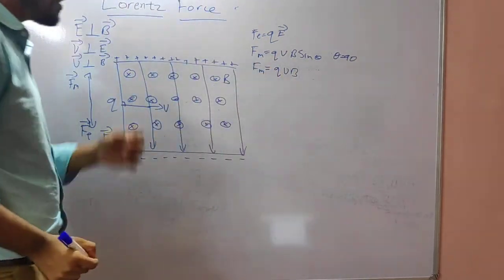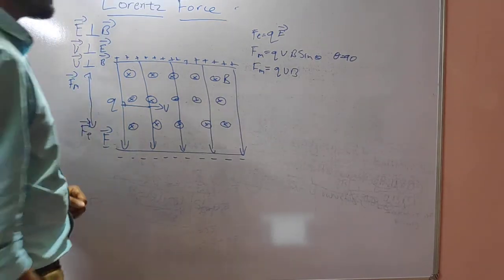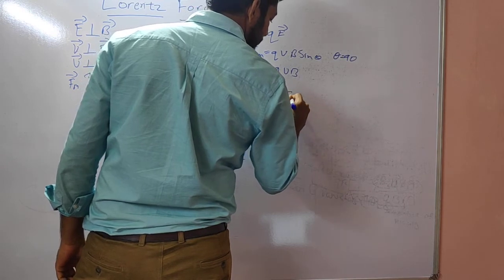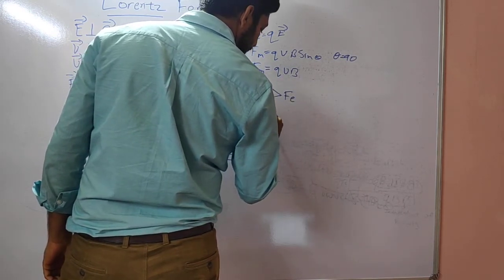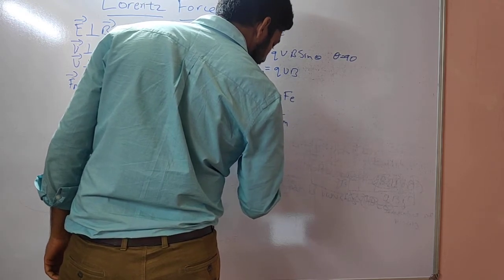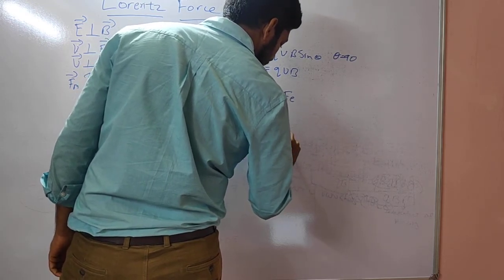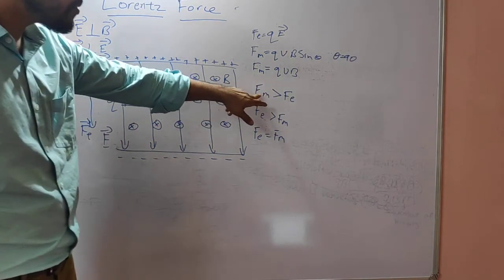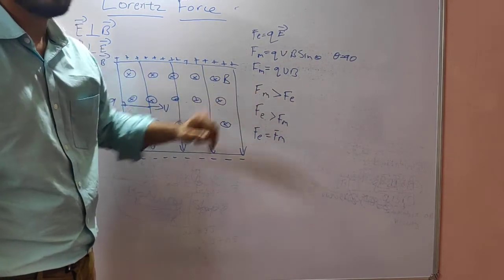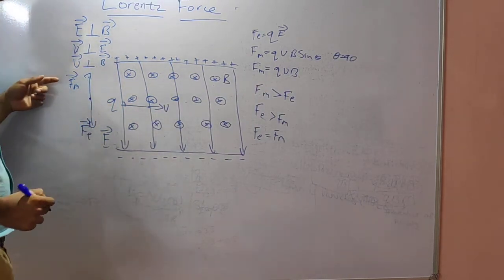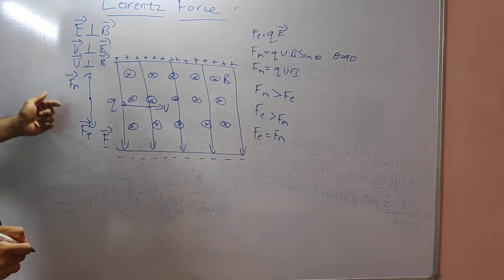Now we can take three cases over here. First case is Fm is greater than Fe. Second case will be if Fe is greater than Fm, and third case is if Fe is equals to Fm. Suppose for the first case we take that Fm is greater than Fe. What does that mean? The magnetic force is greater than electrostatic force.